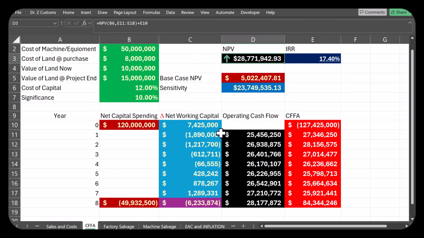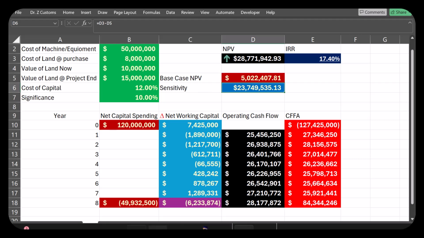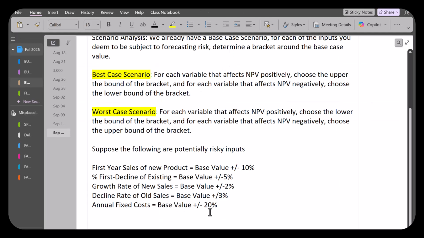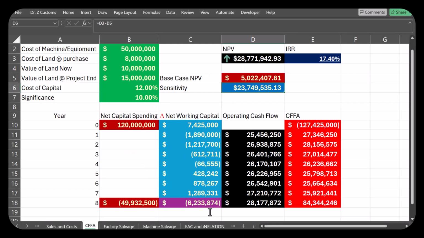Well, it basically increased NPV compared to the base case by $23 million. You're probably sure that if I did the worst case, exactly the reverse is going to happen. So best case NPV, 28.8 million.